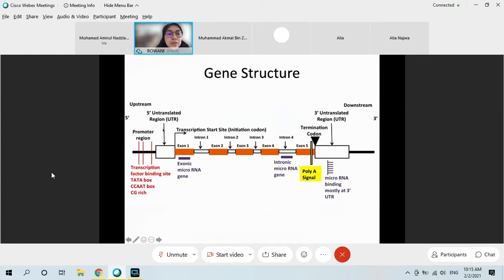In front you have various regulation centers: your untranslated region, your promoter region, and at the end there are also untranslated regions, and various regulators. So this whole set is a gene. One gene can be transcribed into at least about three different proteins. It's not just one gene, one protein, but about three different proteins. This is because of the presence of different splice sites.